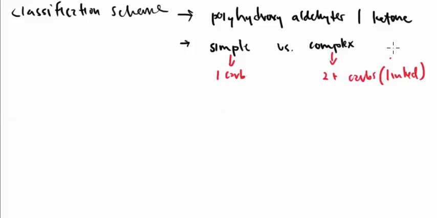So the way that we represent this, especially in the chemical literature, if you're looking at your textbook, is that one carbohydrate is abbreviated with a capital M. And M, of course, stands for monosaccharide, or a monocarbohydrate, if that's what you want to call it, but traditionally it's called monosaccharides or single sugars. That is what we refer to these things as. So a simple carbohydrate is a simple sugar.